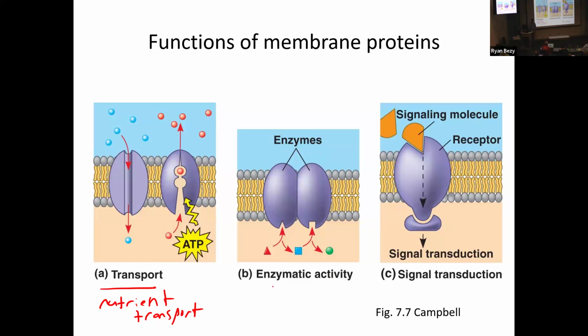Some membrane proteins are just going to do enzymatic activity. They speed up chemical reactions. Enzymes are things that speed up chemical reactions. Some membrane proteins are going to do signal transduction. There might be some type of external signal, or what's called a stimulus.